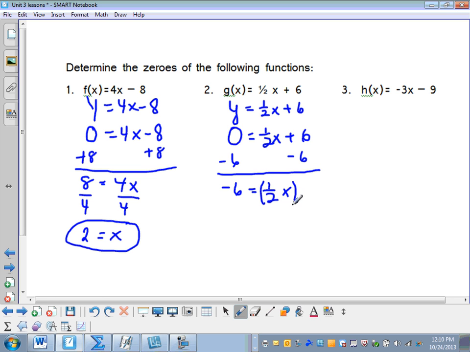So I'm going to multiply by 2. Negative 12 equals x. Alright? 1/2 of negative 12 is negative 6. Negative 6 plus 6 is 0. Negative 12 is the 0 of this function.